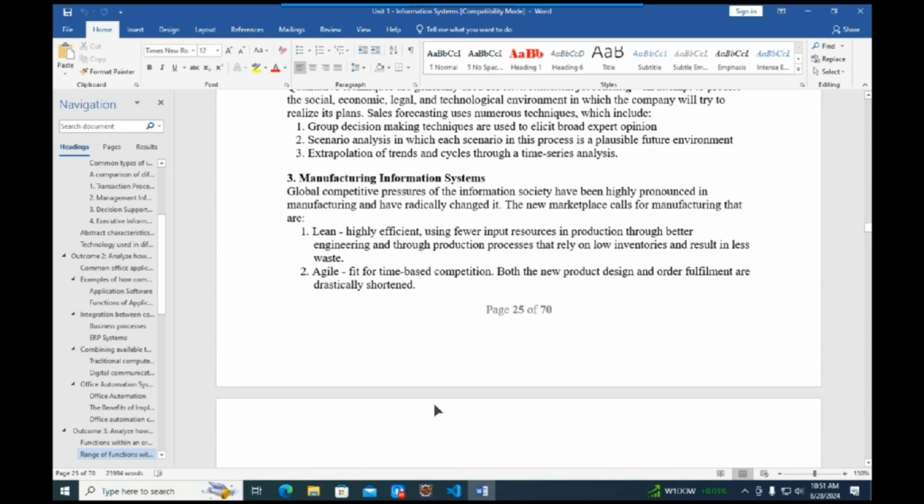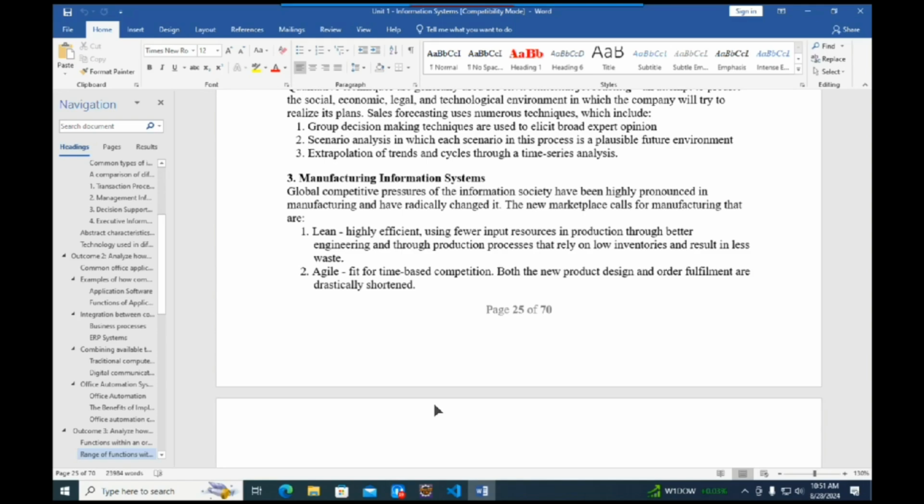So we have the manufacturing information systems, which was the third that we were looking at. Today's marketplace is focusing on some features that need to be employed in these manufacturing companies.